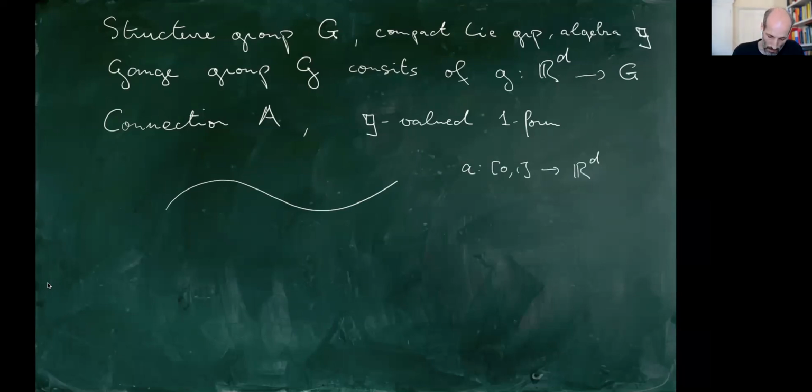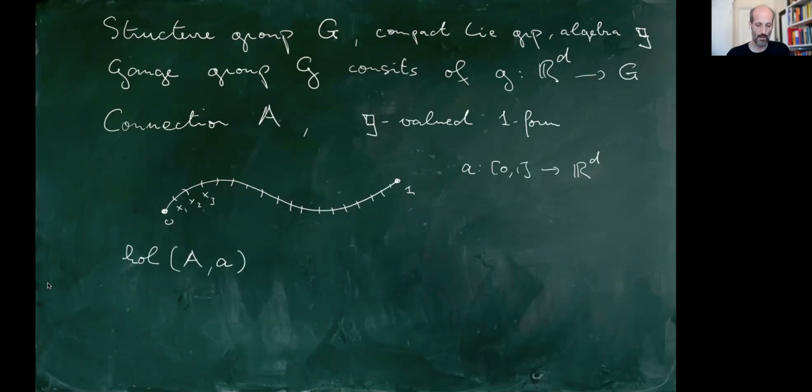Then say here is a(0), here is a(1). And I'm always going to think of it as, well, so you can subdivide [0,1] into lots of little segments. So say here you have an x1, x2, x3, or, well, maybe I should have called it t1 also, doesn't matter, etc. And then what's called the holonomy of A along the path little a.